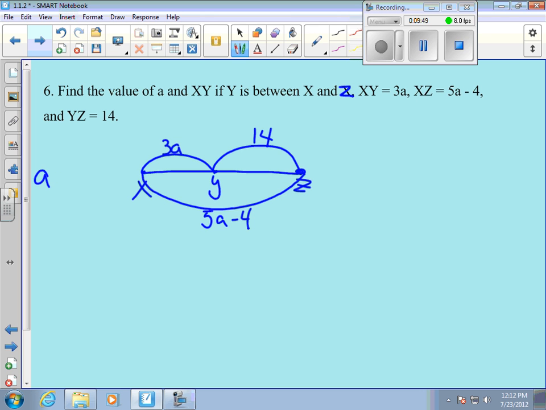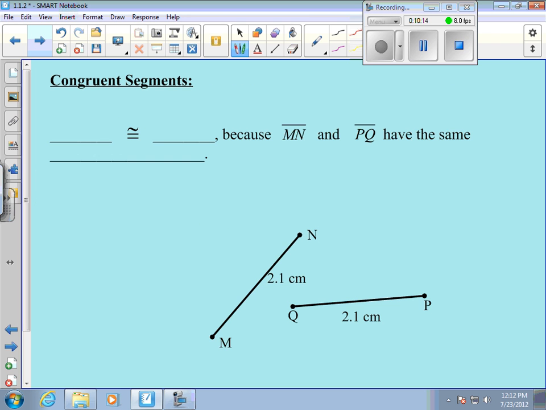We're looking for the value of a, and we are also going to look for the value of segment XY. So I want you to go ahead and find out what a equals, and then substitute that back in to find out what XY is equal to. So you can go ahead and finish this problem for homework tonight, and then we'll come back tomorrow to talk about it.